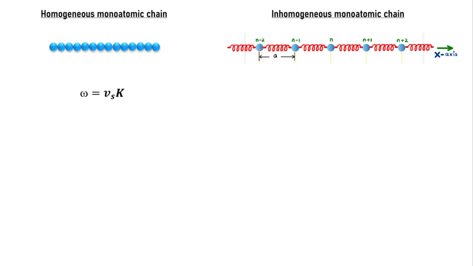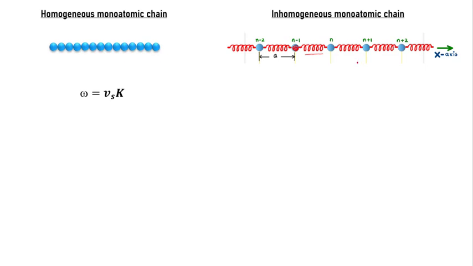So the mass is concentrated in the atoms and the chains are assumed to be massless, where these atoms are the regions where the mass of this monoatomic solid is concentrated. So clearly there is an inhomogeneous distribution of mass throughout the chain, and that is why such a chain is called an inhomogeneous monoatomic chain.